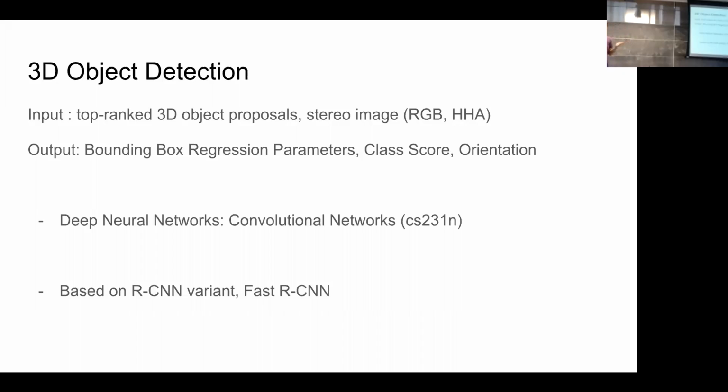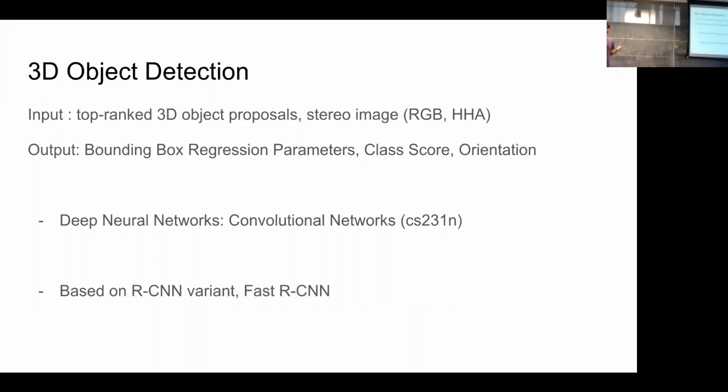The input of our 3D detection framework is the top-ranked 3D region object proposals, plus the stereo image data, which can be encoded as RGB, and the point cloud, which can be encoded in HHA format: the disparity, height above the ground plane, and the angle of the surface normal for each point.